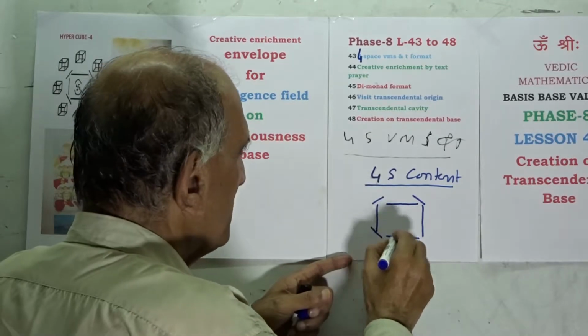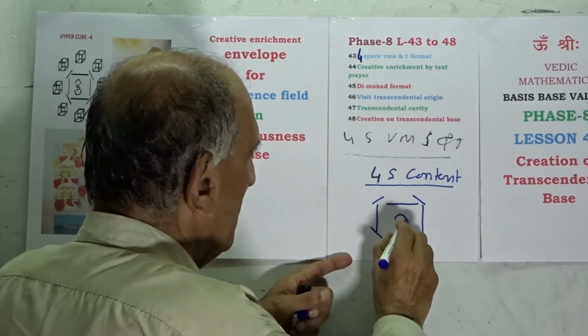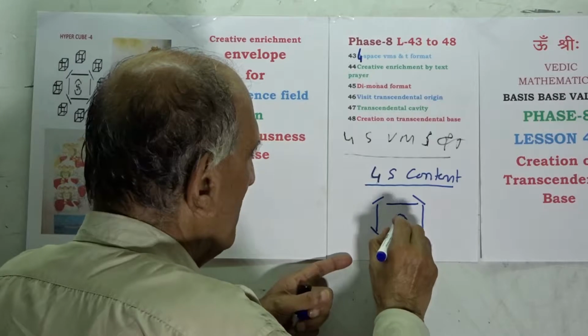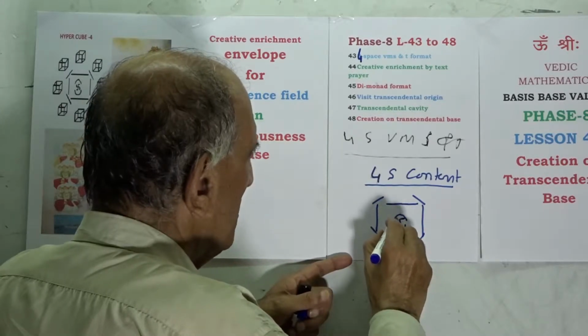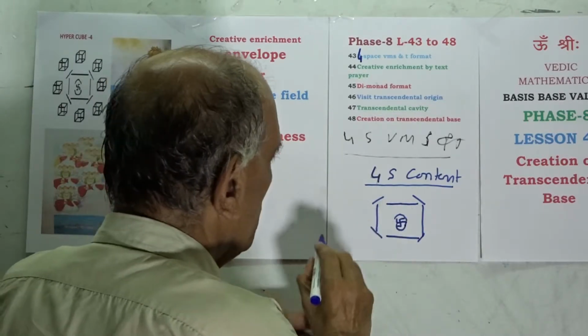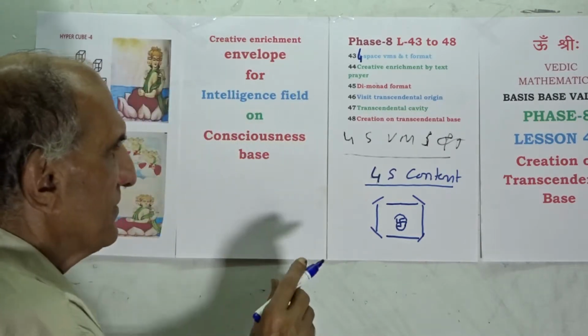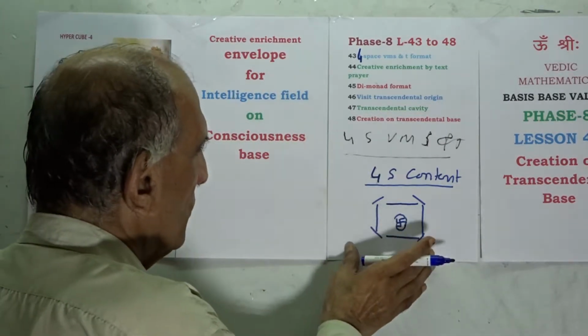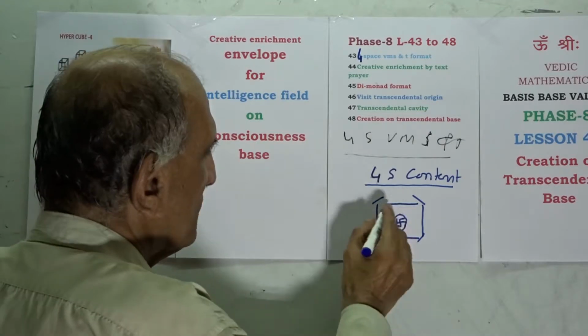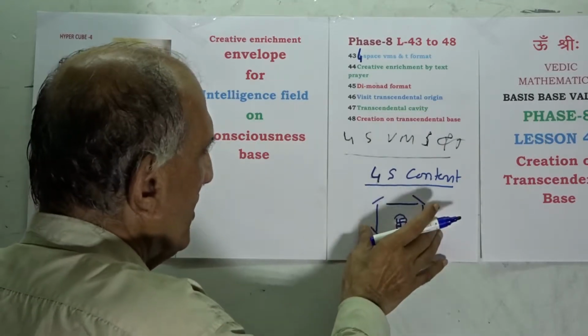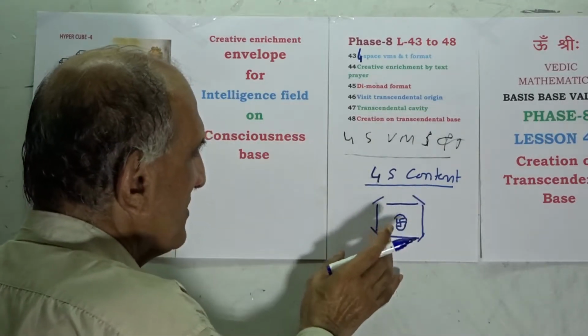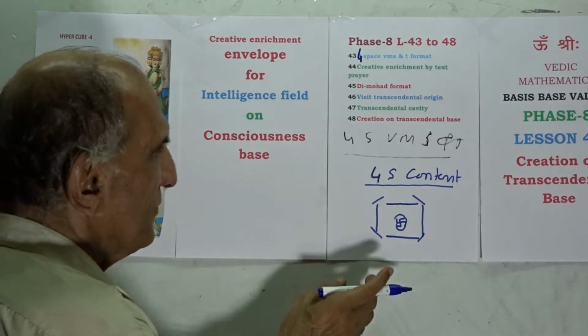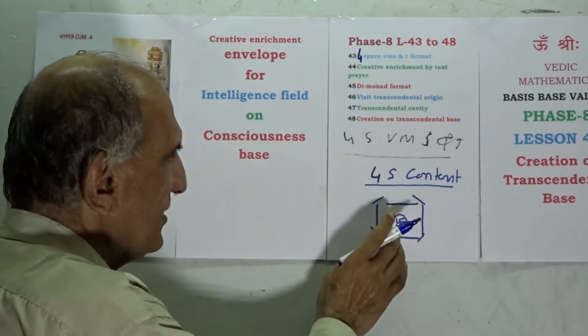So the 4-space hypercube 4 with its hypercube 5 as the transcendental origin gives us a clue that this whole phenomenon of fourfold creation is in fact happening because of the availability of the transcendental base.